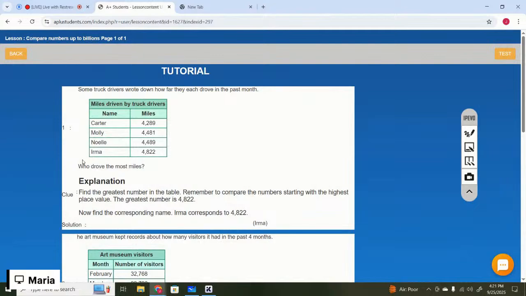Okay, some truck drivers wrote down how far they each drove in the past month. Who drove the most miles? So you have to select the one.